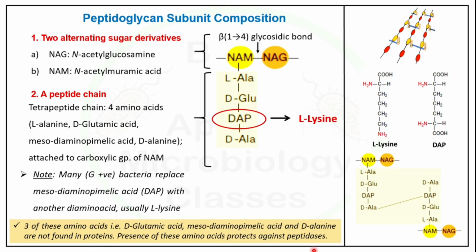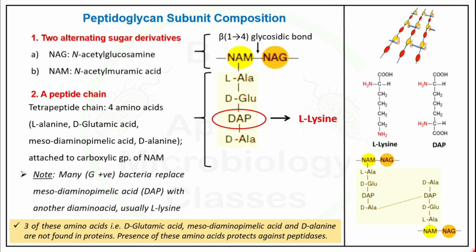Peptidases which attack proteins actually target L amino acids, and when the majority of the amino acids in the bacterial cell wall are D amino acids, they become resistant to attack by peptidases. The cell wall of bacteria will not undergo any kind of disintegration or be damaged after the attack of the peptidases. So the presence of D amino acids is an added advantage for bacteria, right?